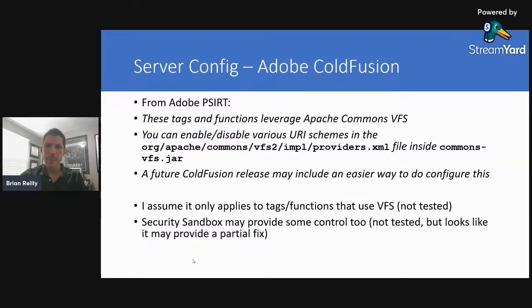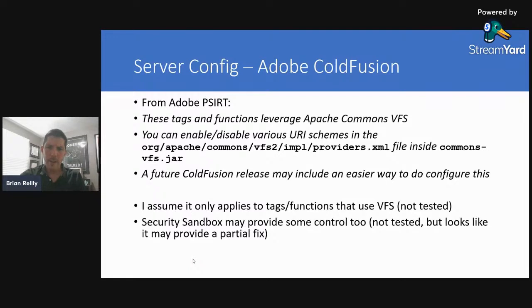So for example, you could turn off support in VFS for all FTP URLs or all file URLs or all HTTP URLs. They also did acknowledge that they may release a future version of ColdFusion that contains an easier way to do this. I have not fully tested the PSERT recommendations, so I can't say for sure that it'll work.